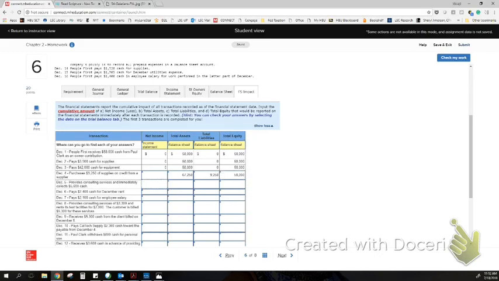Okay, so we're just adding the amounts for each business transaction. We're going to add the impact to whatever financial statement it goes to. Alright, and so again, as a check, we need to make sure that our total assets equal our total liabilities and equity. So $67,250, if my math is correct, should equal $92.50 plus $58,000. Hopefully that helps.